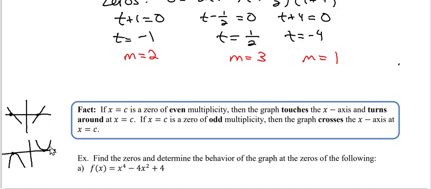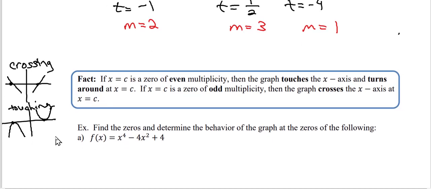So this is the idea of it crossing, and this is the touching situation, where the graph only touches the axis and then turns around. We have these 2 scenarios based on the multiplicity of the zero. So that's why we care about the multiplicity of the zeros.